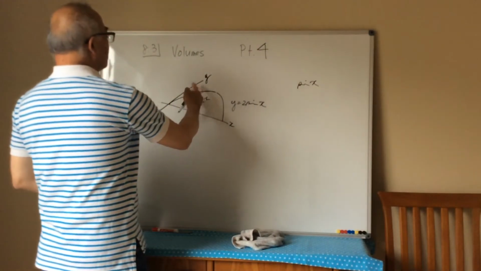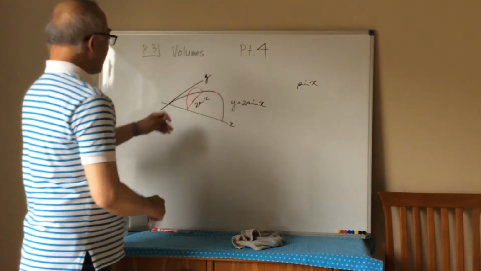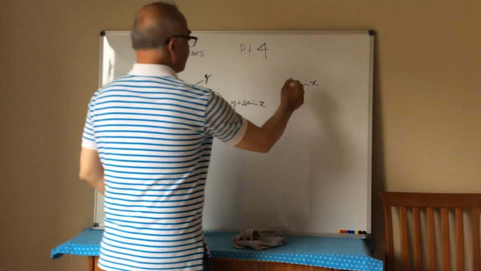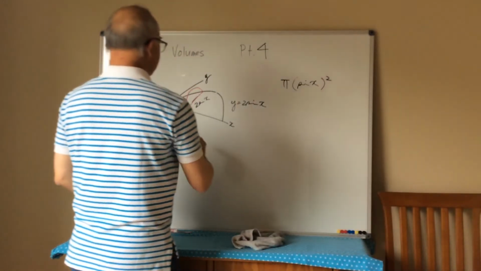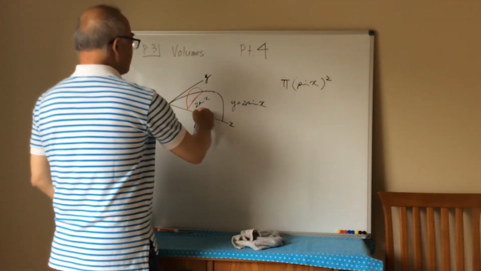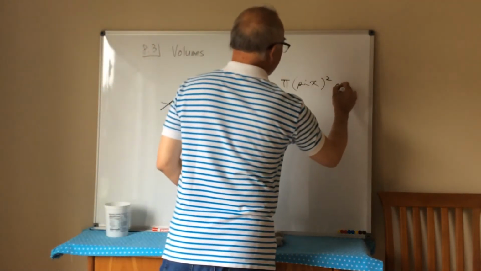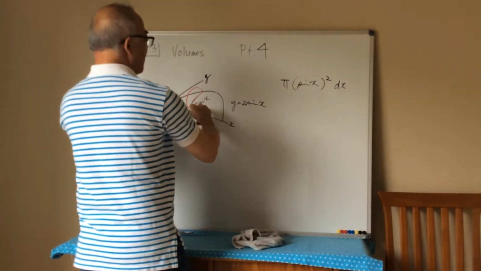So the volume of this half of a disc is going to be this squared times pi, because that is what a regular complete disk would be, times the dx. But it's only half of that, because we're only using the top half here.